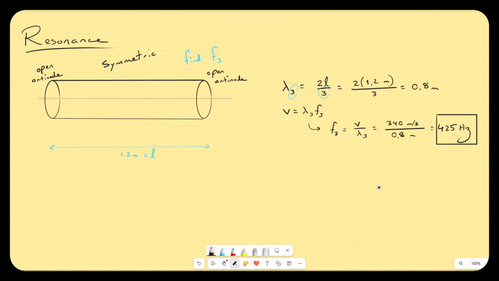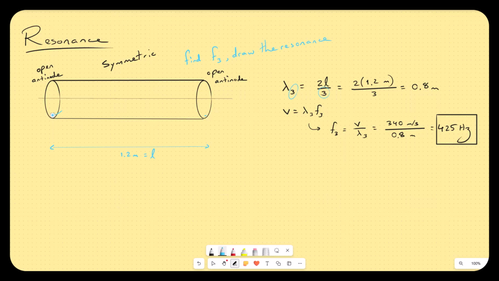And that's my answer. I can draw this thing, so maybe find F3, draw the resonance. I'm trying to go n equals 3. If I go from the bottom to the bottom, so up, down, that's n equals 2.